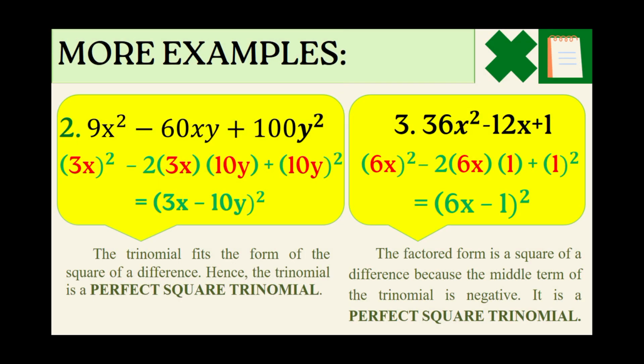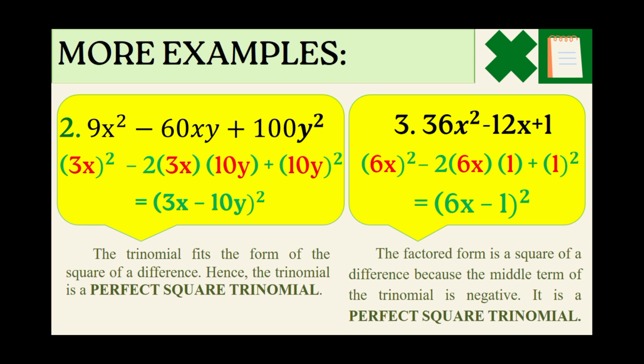Okay, so we have here some examples. Number 2: 9x squared minus 60xy plus 100y squared. Our first term is 9x squared, which has a factor of 3x squared, and our third term is positive 100y squared, and the factor of positive 100y squared is 10y squared.